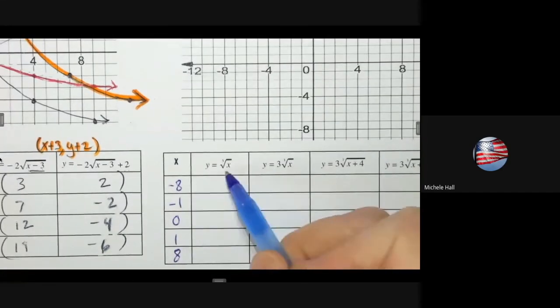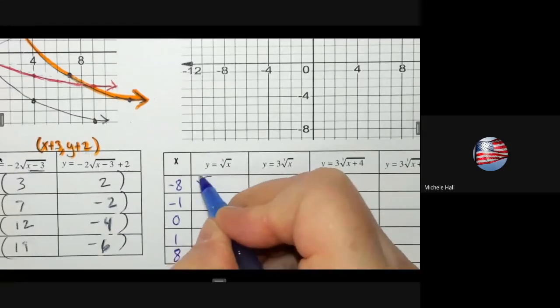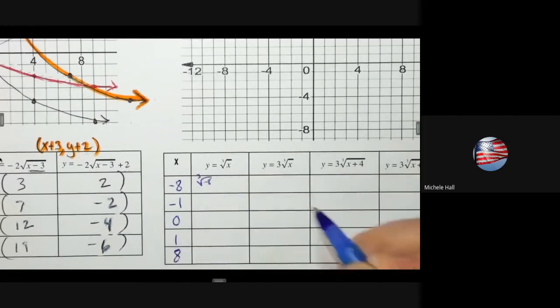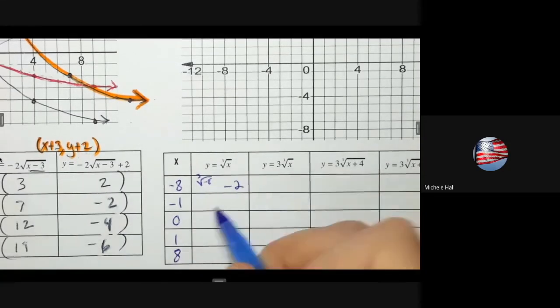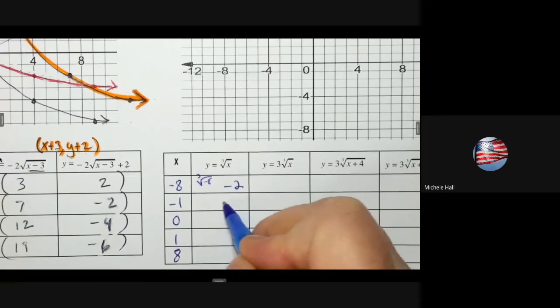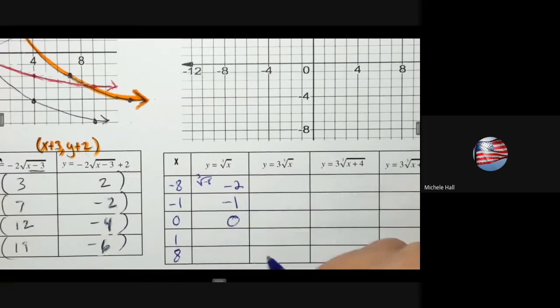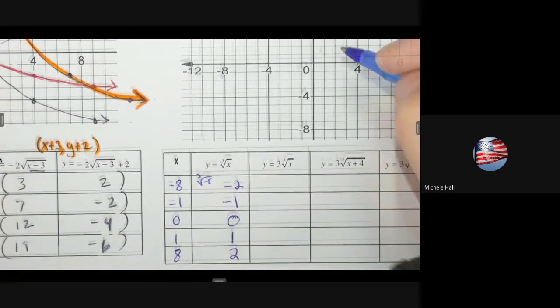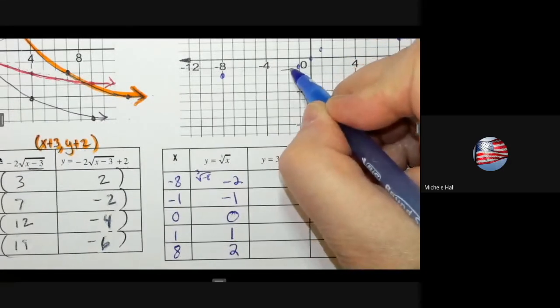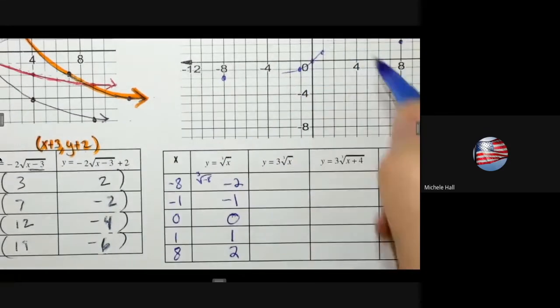The cubed root of negative 8 equals negative 2. The cubed root of negative 1, the cubed root of 0, the cubed root of 1, and the cubed root of 8 is 2. Coming up through the middle with a little turn.